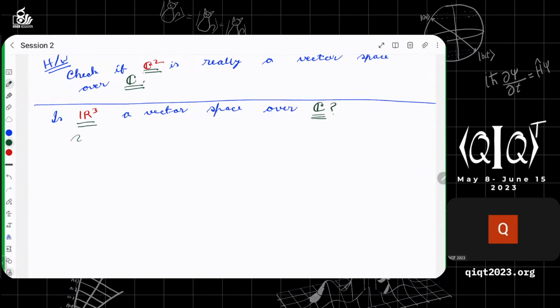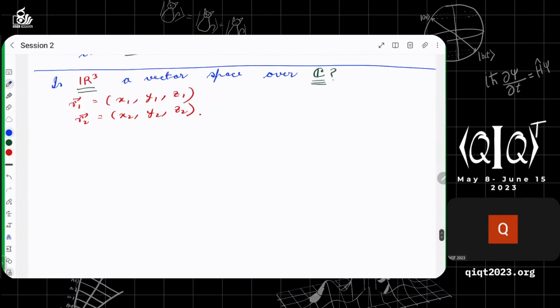You're absolutely right. So let me just write it down for you. Let's say there are two vectors. You have taken R1 vector, which is something like x1, y1, z1, and you have taken another vector, which is x2, y2, z2. Now notice that since my field is complex scalars, I can take some a equal to say 3i, which is a complex number, or b equal to 4i plus 6, something like that.